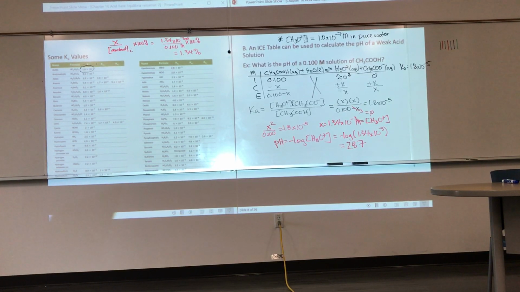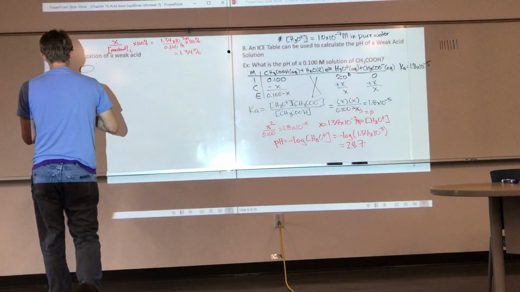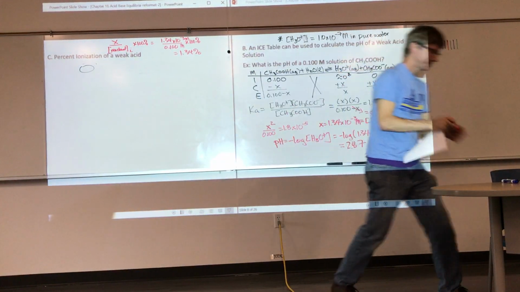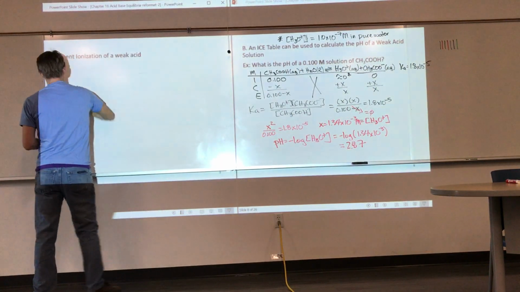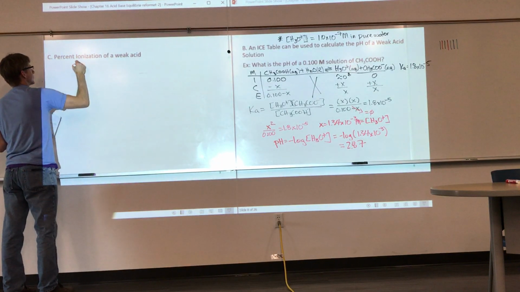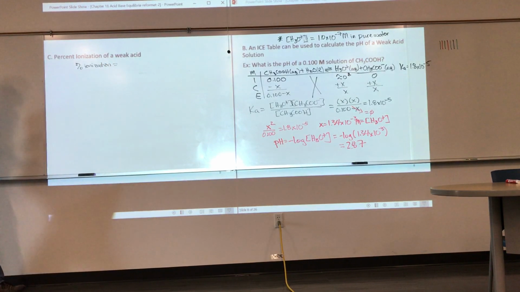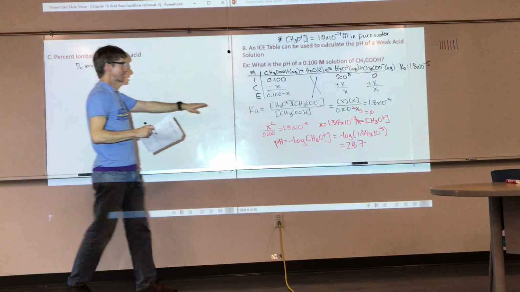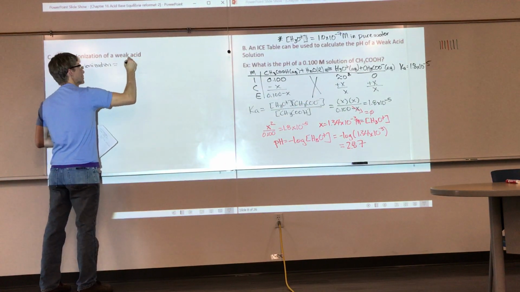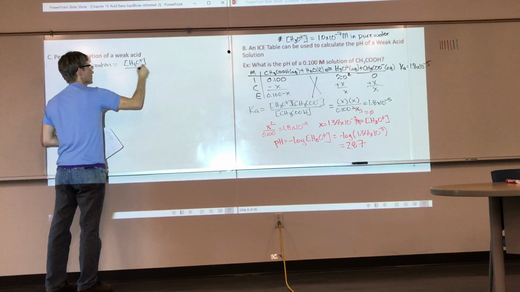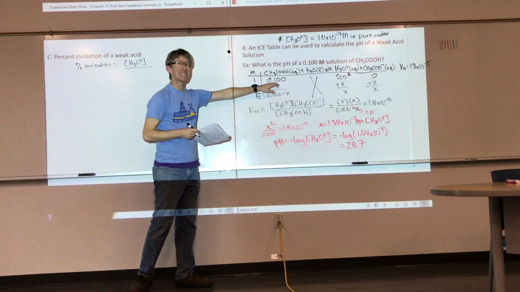All right. Percent ionization. Looking at the example here, it's going to be the concentration of hydronium over the concentration of our acetic acid initially.